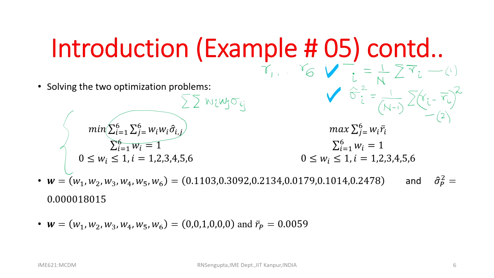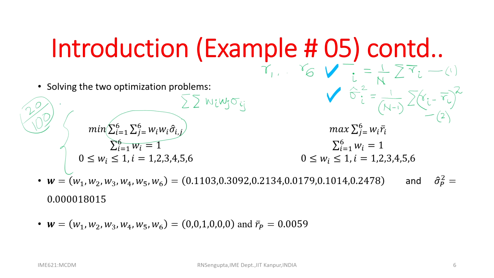Now, in this problem I made it very simple. The weights are basically the total amount of investment, proportion-wise, I will make in the 6 different scripts. So, if I have 100 rupees, say for example, and I invest 20 rupees in the first one, the weight for the first one will be 20 by 100.